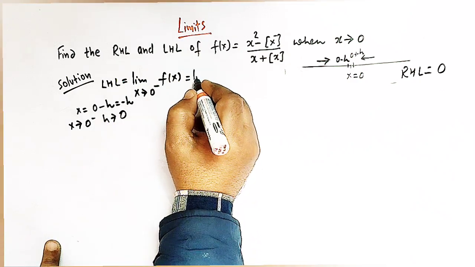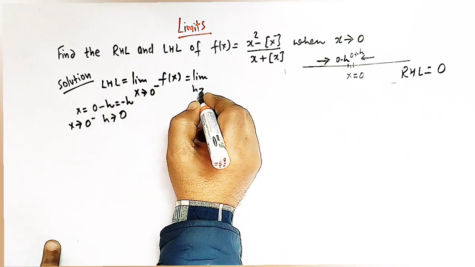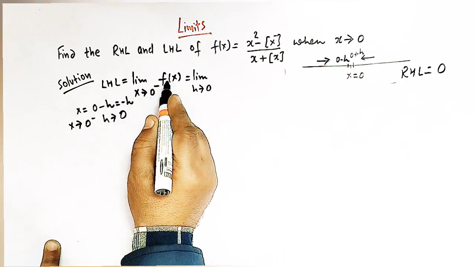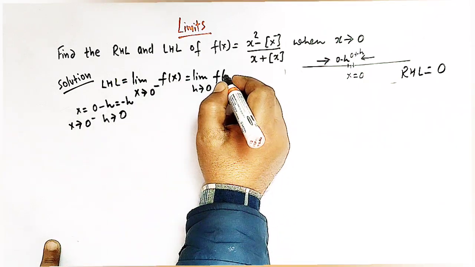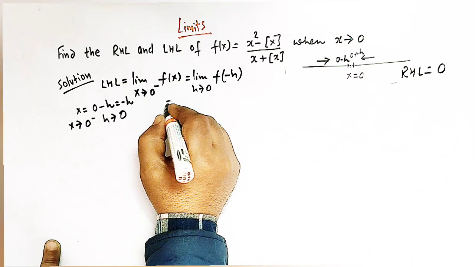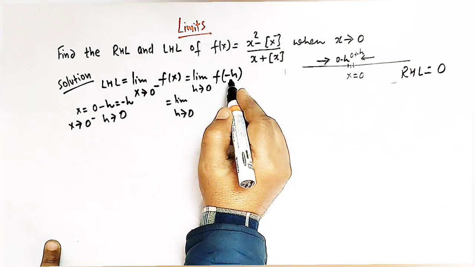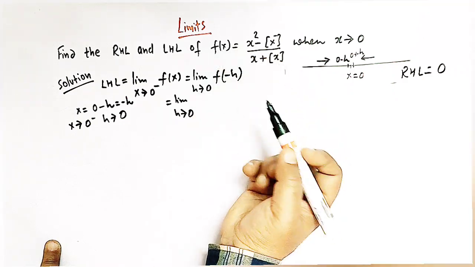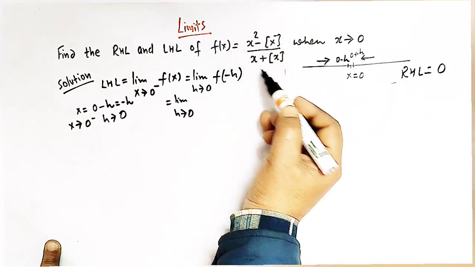So now we can write the left hand limit as limit h tends to 0, and here we have f of x, x is minus h. So now we have limit h tends to 0, and f of minus h can be obtained by replacing x by minus h in this function.